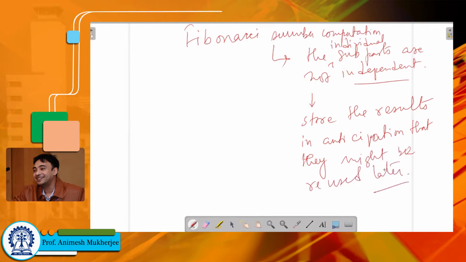This is the basic difference between the divide and conquer type of algorithms and this paradigm of solving problems, which is also termed as dynamic programming.